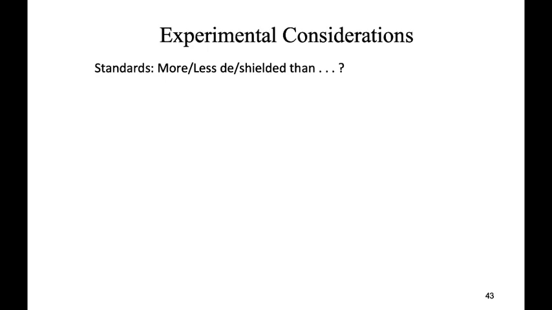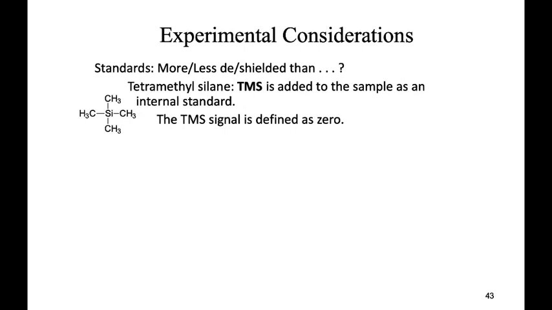There are no numbers associated with it. So this is why we had to use a standard. That standard gets inserted into the samples and is always tested. That standard is TMS, tetramethylsilane. That signal is defined as 0. So that's as shielded as it gets, and everything else will show up more deshielded than that.